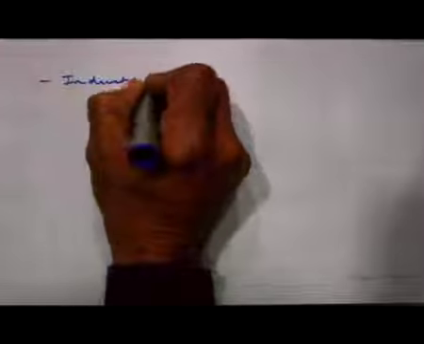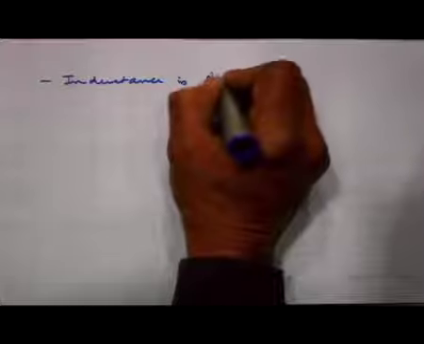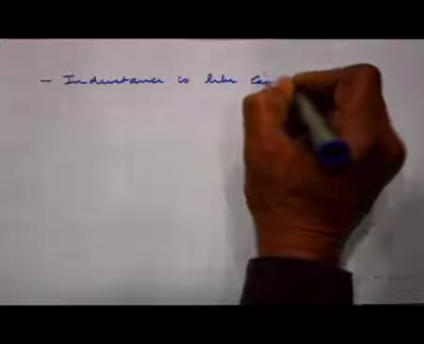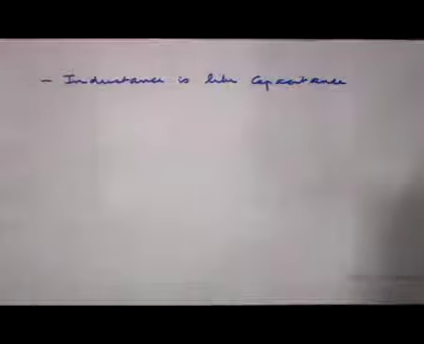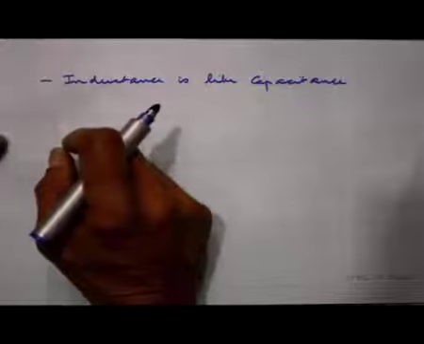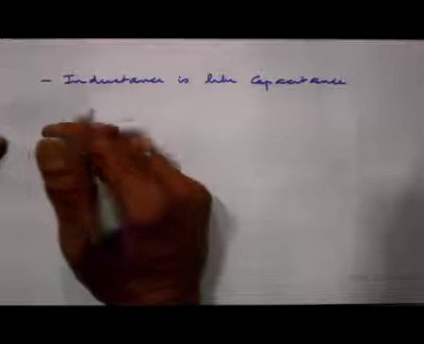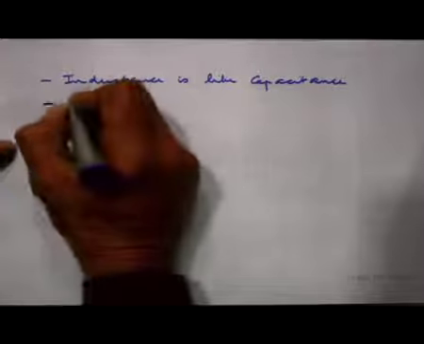Inductance is like capacitance. Capacitance was a device in electrostatic, electrical circuits, and inductance is a device used in the magnetic part of the circuit, and this is always a positive quantity.